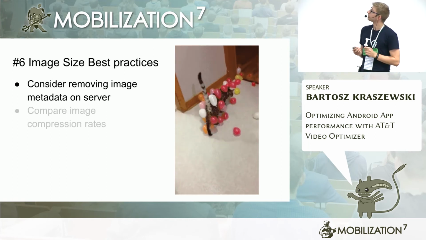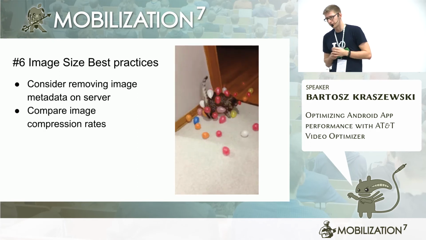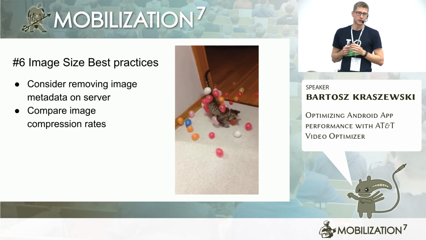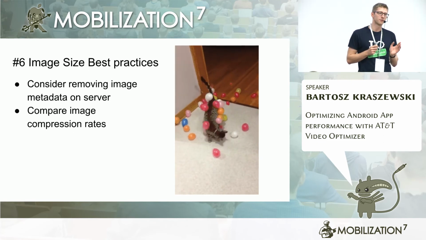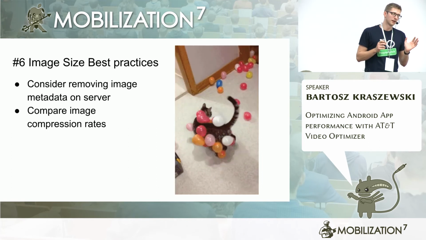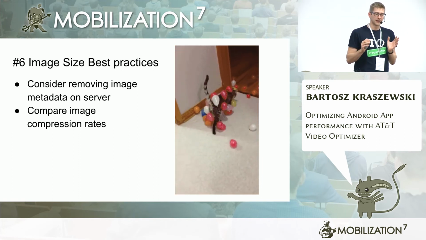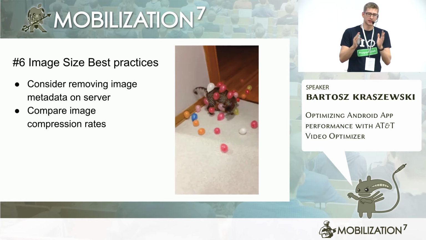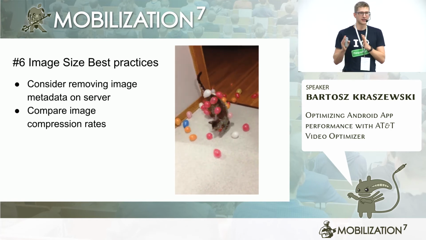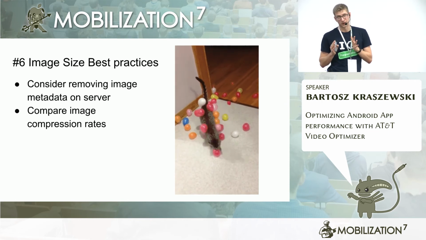What else can we do? The AT&T Video Optimizer will take a look at the image compression rate you are using. For example, it will list files that use compression higher than 90%, and will prepare a second picture with 80% compression and 70% compression.